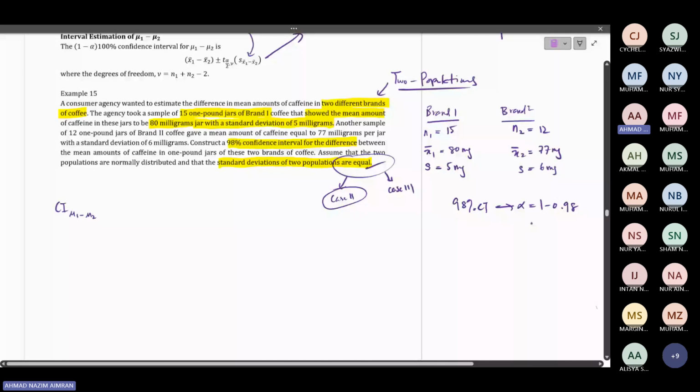Alpha over 2 is 0.01. Then find the degree of freedom. The degree of freedom is N1 plus N2 minus 2, because we are dealing with two populations. N1 is 15 plus 12 minus 2. This is equal to 25.